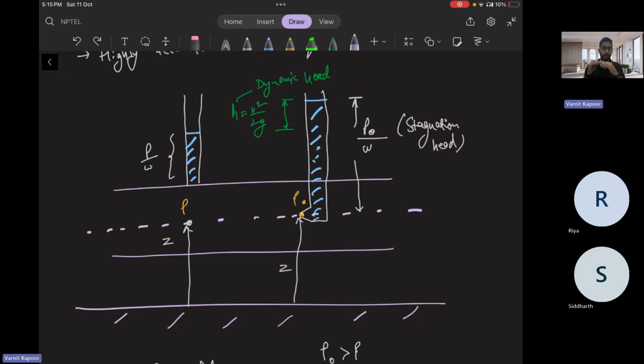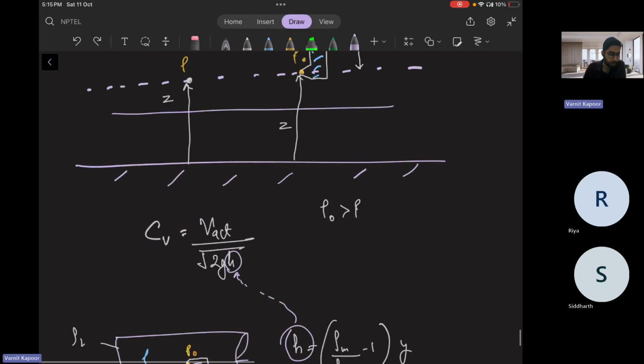So when you are moving across, each streamline has its own energy. That means you have different psi values, that is, the stream function has different values. If they are not the same across, that means it's a rotational flow. Now you are able to understand how the dots connect.